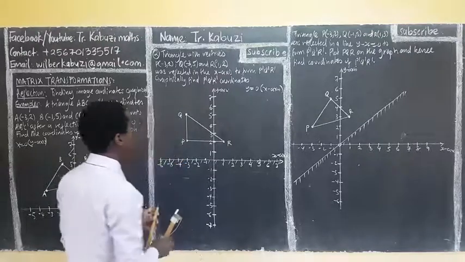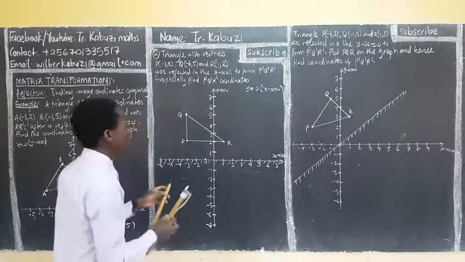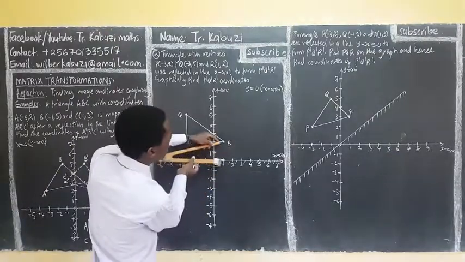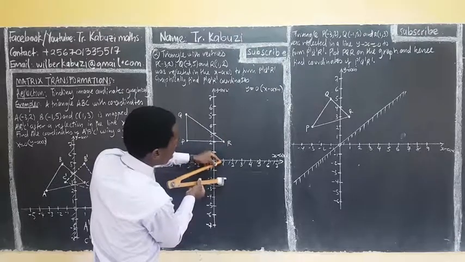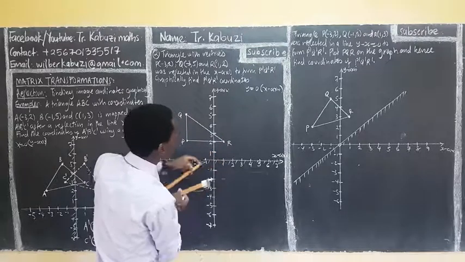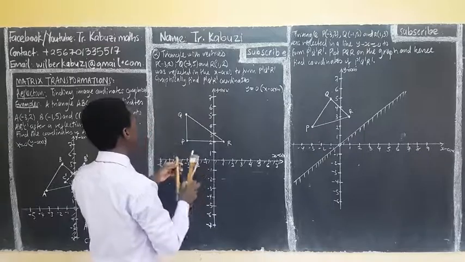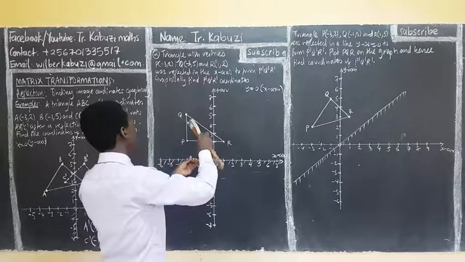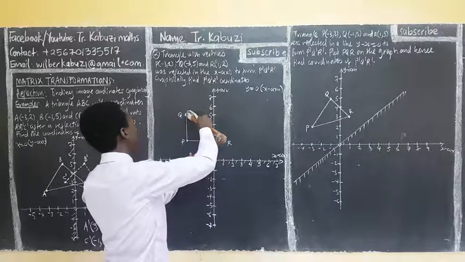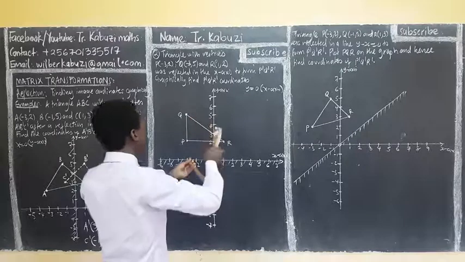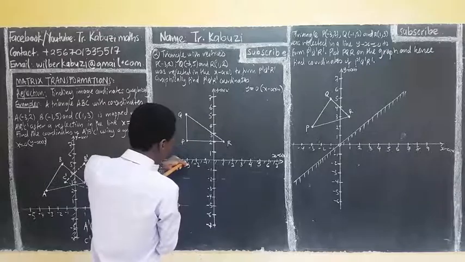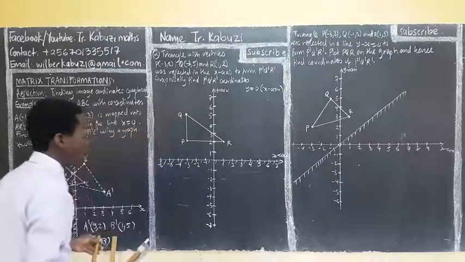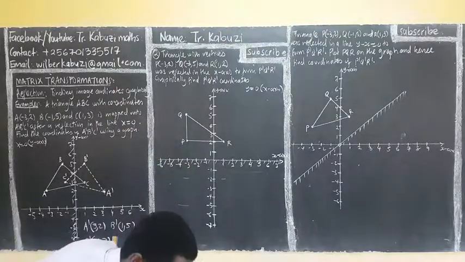Then you come to this other point, measure, and draw an arc down there. Then you come to Q, which is a bit far, and you draw an arc down like this. These are the ones you are going to use to locate those points.